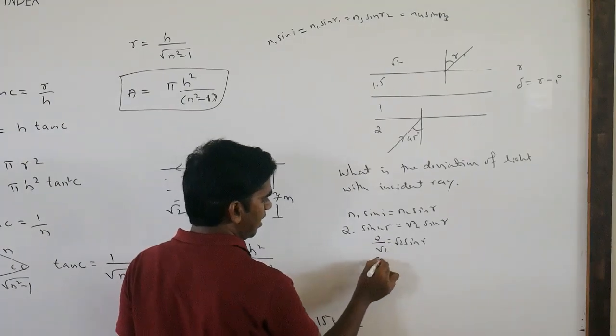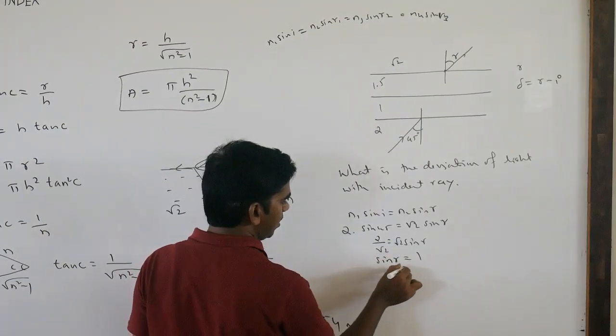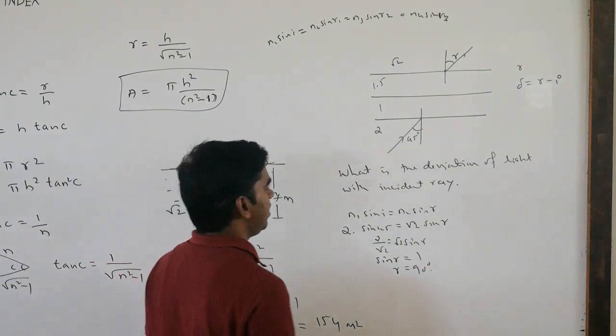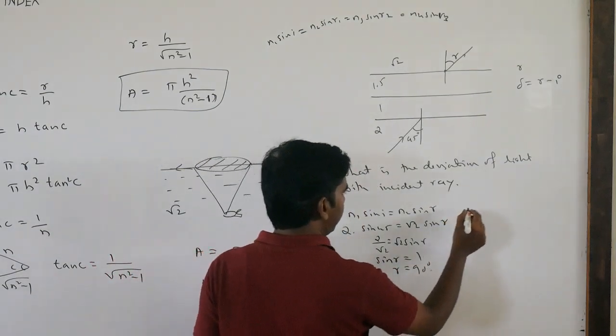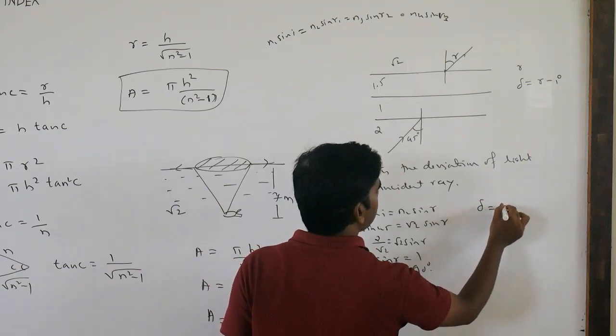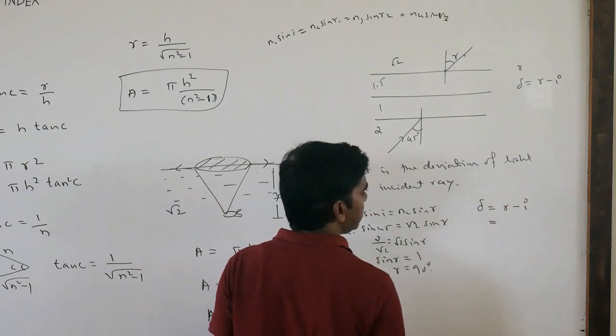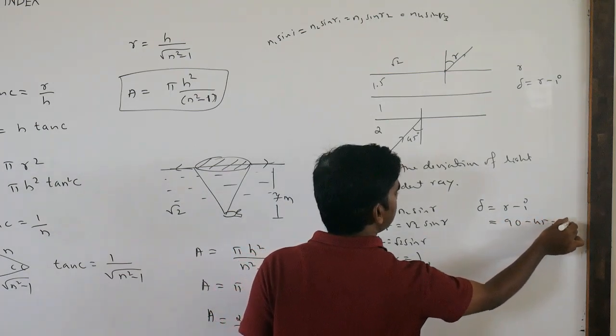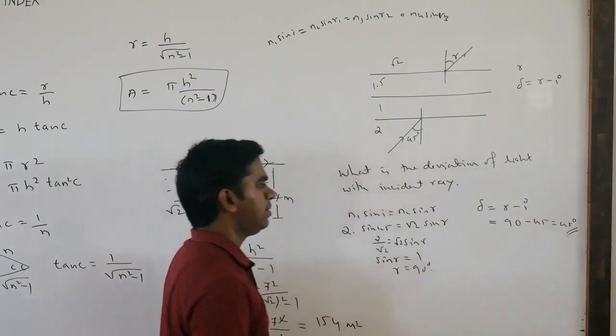So this sin r will become equal to 1. So r is 90 degrees. Okay. If r is 90 degrees, then what will happen? Deviation is r minus i. So 90 minus 45 is going to be 45, that will be your answer.